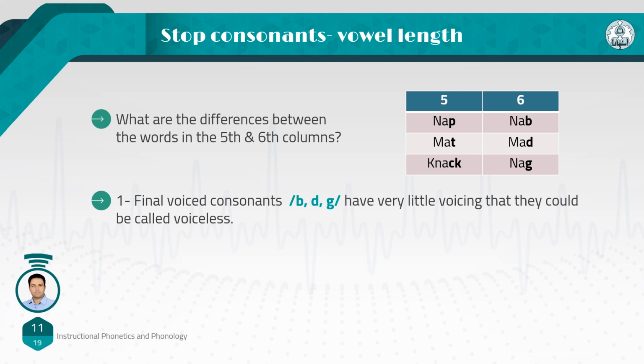You can even say, for example, cap, and not open your lips for a considerable period of time if it were the last word of an utterance. In such circumstances, it is quite clear that the final consonants are not fully voiced throughout the closure.